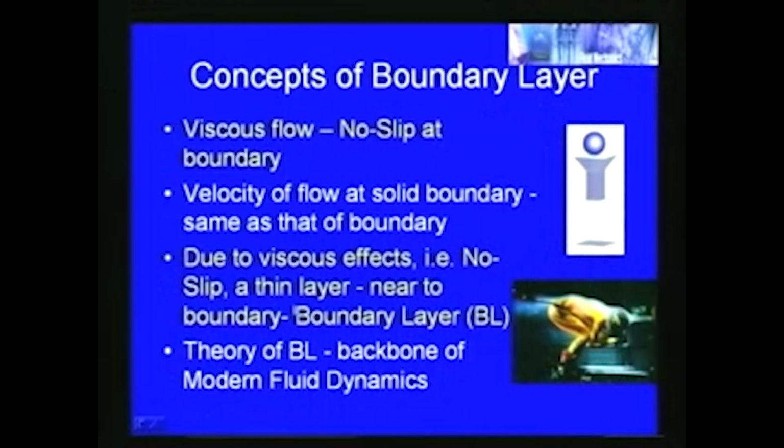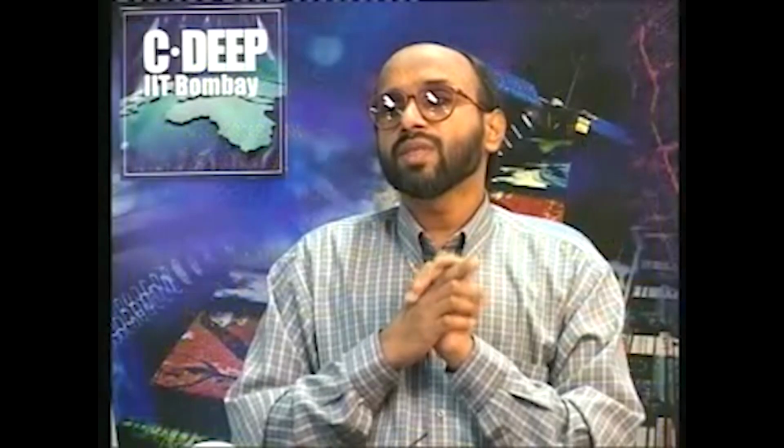Due to this condition and the viscous effect, a thin layer near the boundary is generated. You can see in this figure that the thin layer here is generated, and this is called the boundary layer. So whenever we deal with viscous flow, due to the no slip condition, we have to deal with the boundary layer all the time.